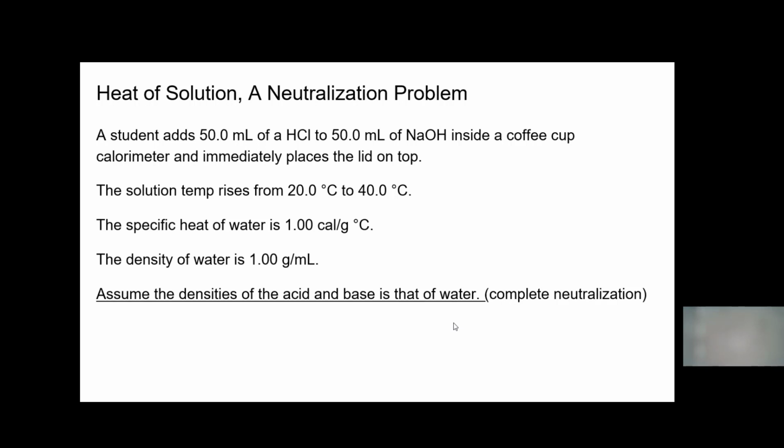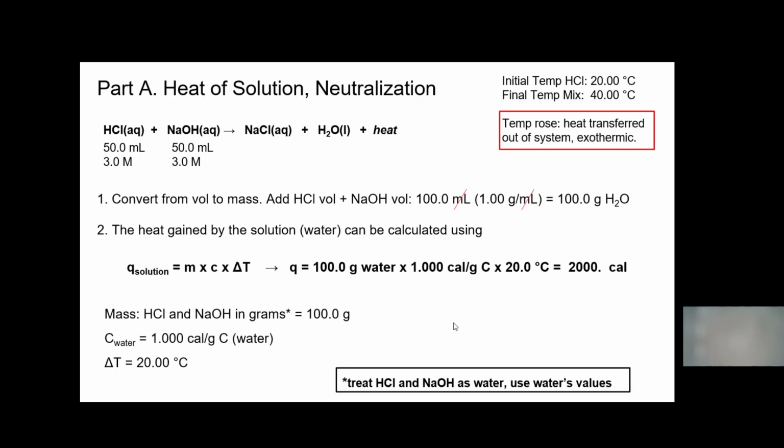So before the reaction, it was 20 degrees, and then after they were combined, it is 40 degrees Celsius. For the specific heat of water, we're going to use that again, and we're also going to use the density. We are going to assume the density of the acid and base is that of water, so we're only looking at the product of water for our information.